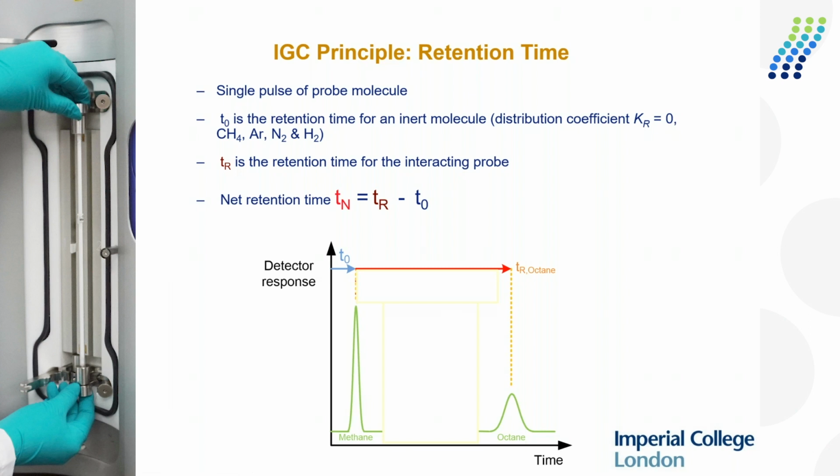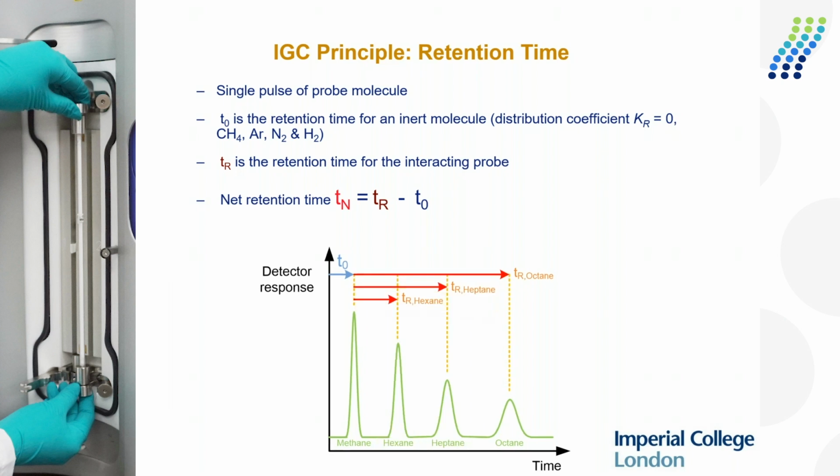Then we're going to inject the interesting molecules, things like octane, hexane, heptane. Those molecules are liquids at room temperature. They will adsorb strongly. And we'll see that as the molecules get smaller, with lower molecular weights, lower forces, the retention times will also get shorter. So this retention data is a measure of how strong our alkane molecules will interact with my unknown surface.